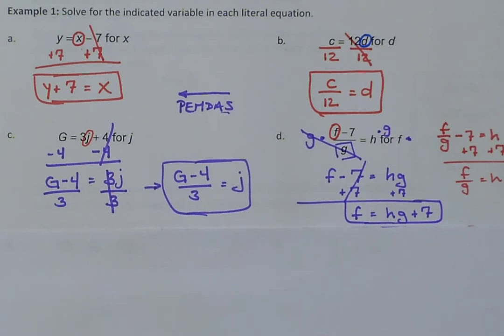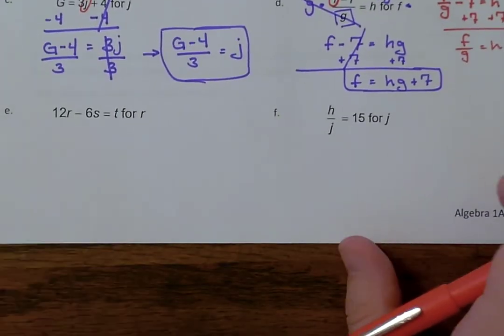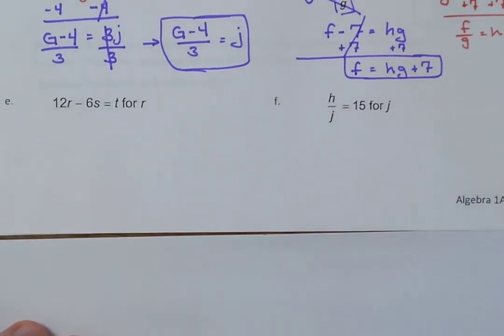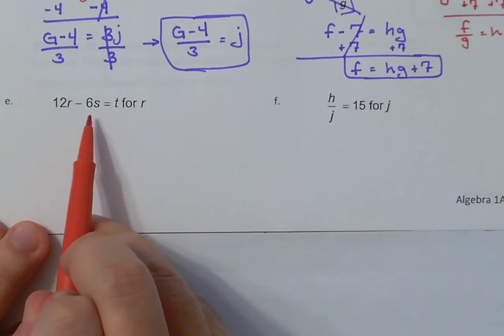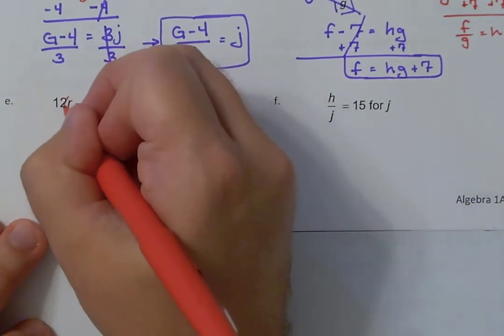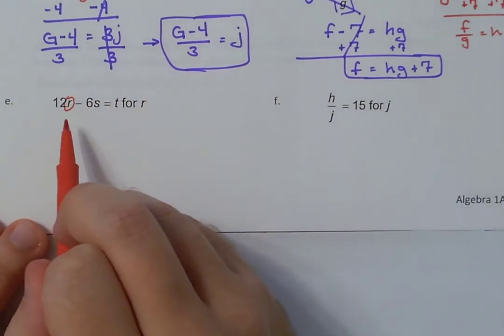All right, let's take a look at our last two parts for example 1. So for E, I have 12r minus 6s equals t, and they want me to solve for r. So what's happening to r?